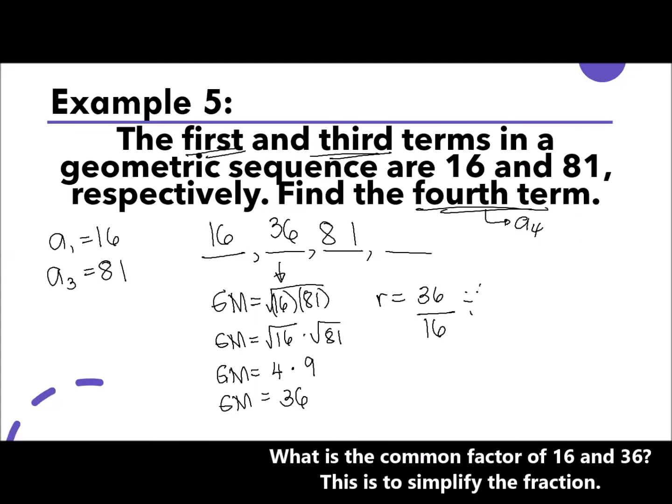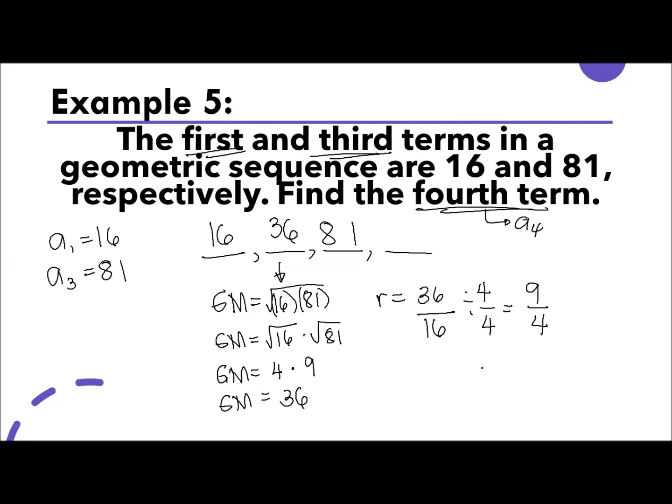A, so you will have 4. 36 divided by 4, so that is 9 over 4. Okay? So, dahil nakuha natin si common ratio, pwede natin i-multiply kay 81. So, ang fourth term natin, 81 times 9 over 4. Over 1 ito. Okay po.